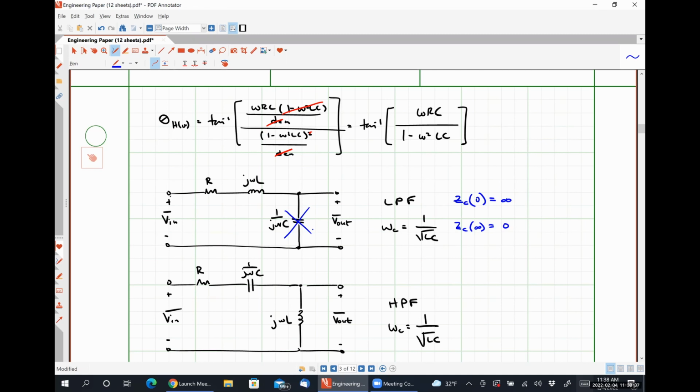The exact opposite situation is happening when we take the voltage drop over the inductor. So what I mean by that is the impedance of an inductor at omega equal to 0 is just 0.